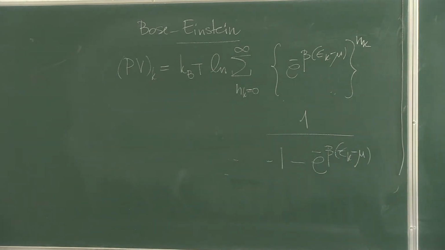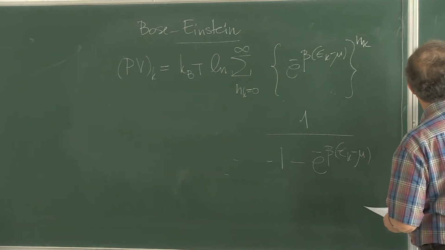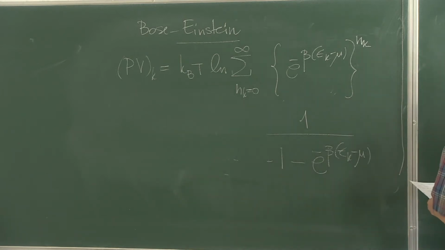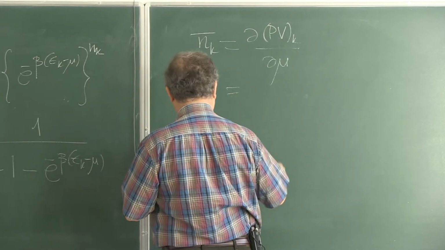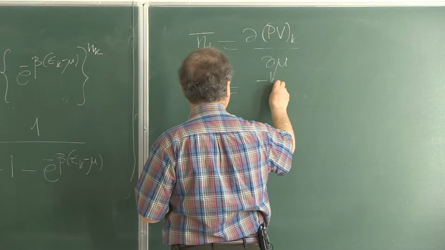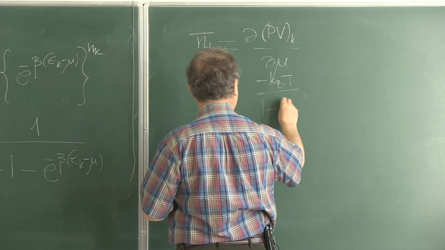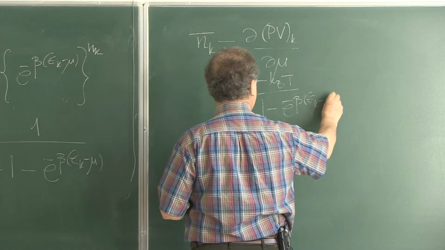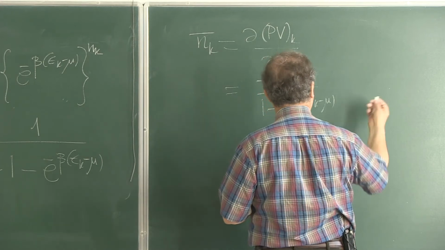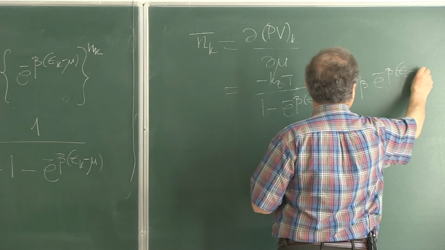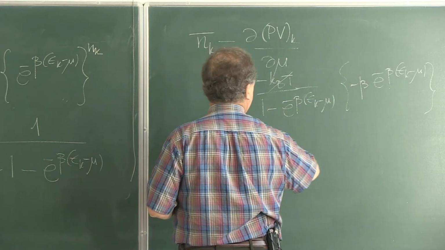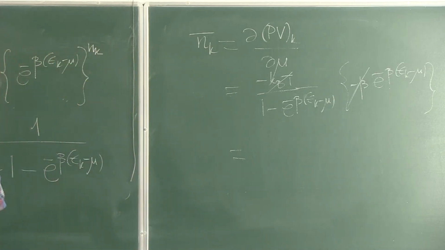So if you consider the average number of particles in state k, then the derivative with respect to mu, this is going to be very simply minus kBT over 1 minus e to the minus beta (ek minus mu), logarithm, 1 over the function and derivative of the function, minus beta e to the minus beta (ek minus mu). kBT again is going to be cancelled by beta.